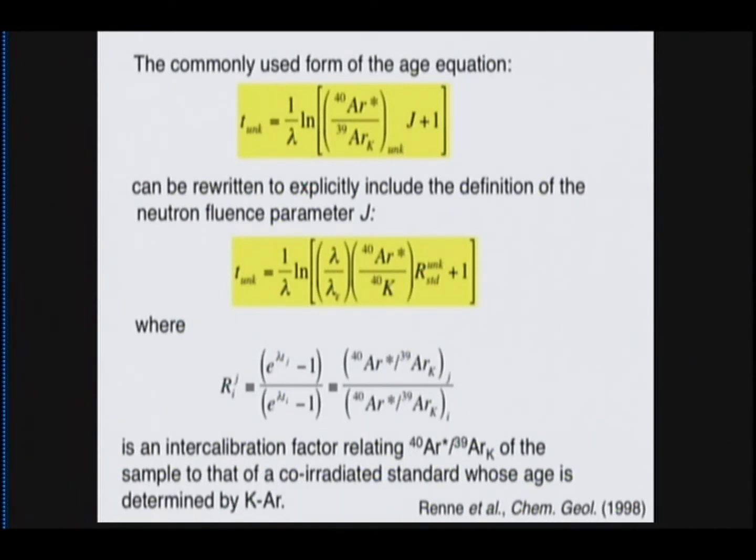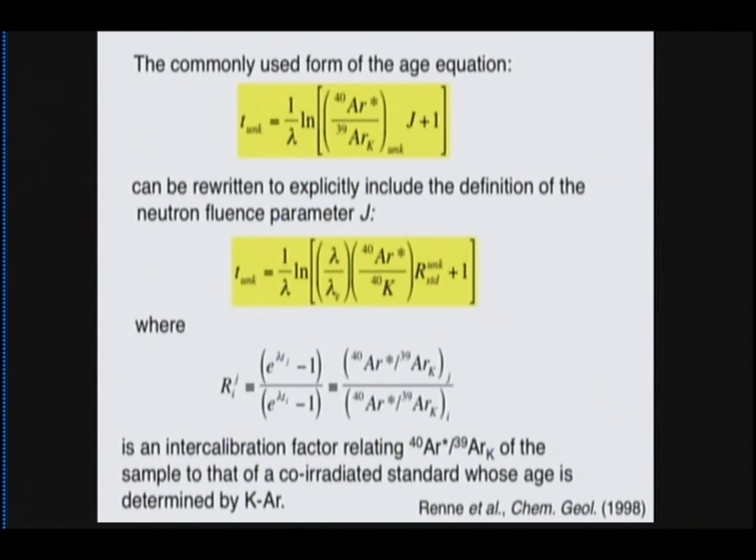And this is the R value of the unknown relative to the standard, which, if you remember, I defined earlier in this way. It's the radiogenic argon-40 to potassium-derived argon-39 ratio of the unknown relative to the standard.